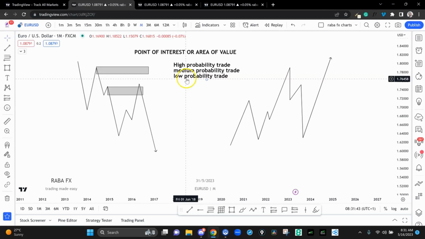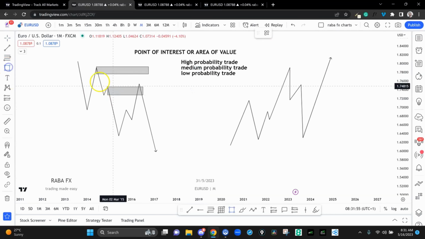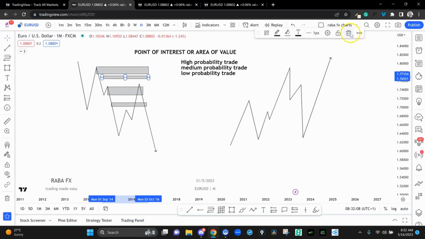So what makes you categorize a trade as a high, medium, or low probability trade is simply your risk management. So now, any other point of interest in here, you can give it a class of what? Probability, either medium, low, and the rest. Okay, so that is what we want to look at first of all here.